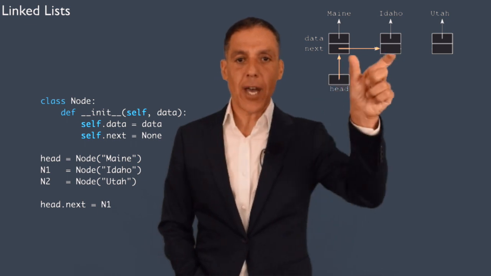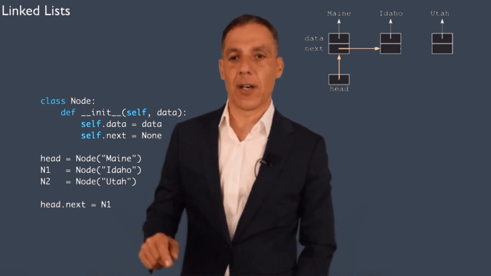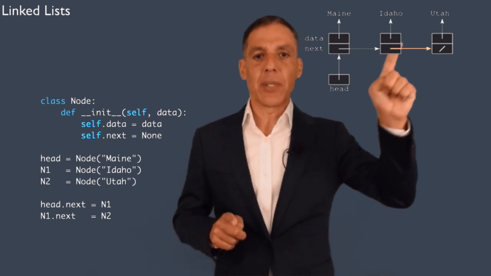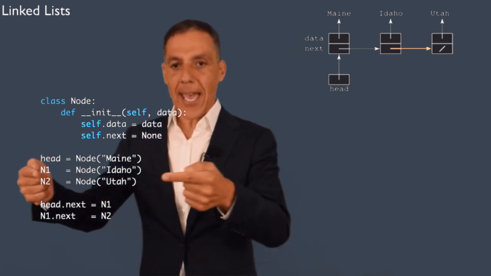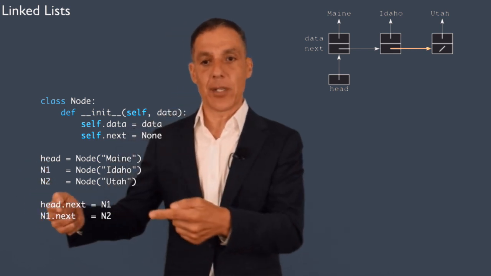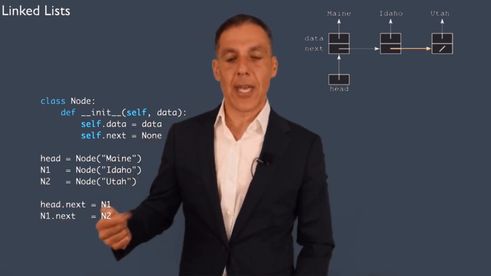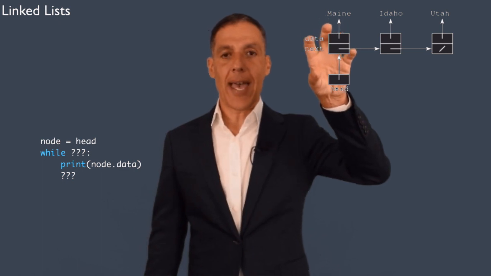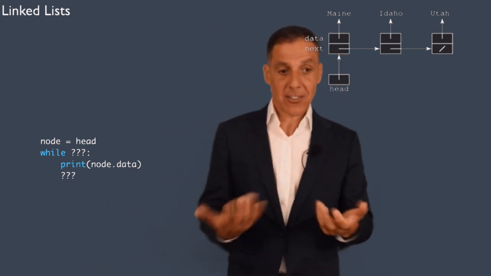So I've now wired up the first 2 elements of the list. And then I want n1's next to be n2. So I want n1's next, that's Idaho, to point to Utah. So n1.next is equal to n2. And notice now I've wired up the list. So I've got a single node here called head. That is, in some ways, the entire list.